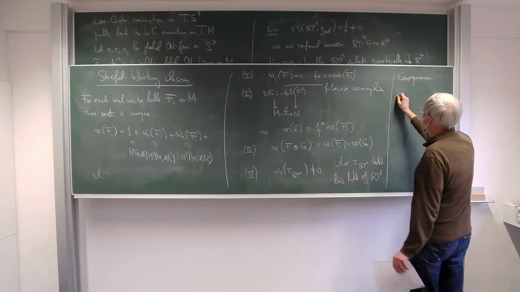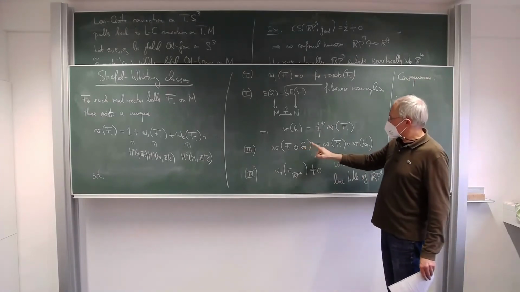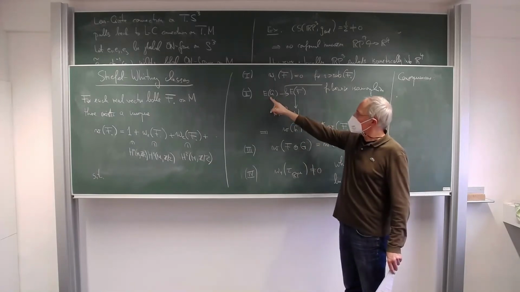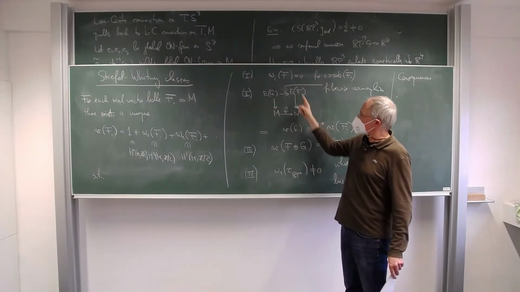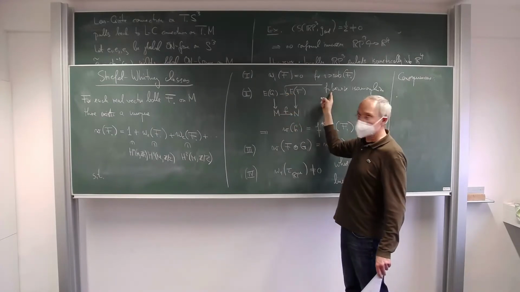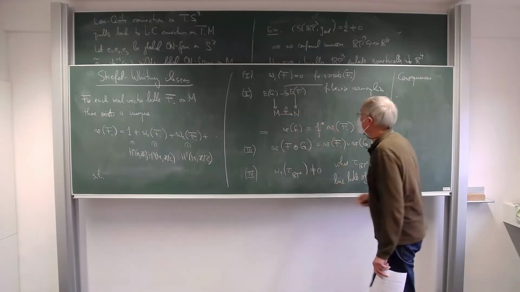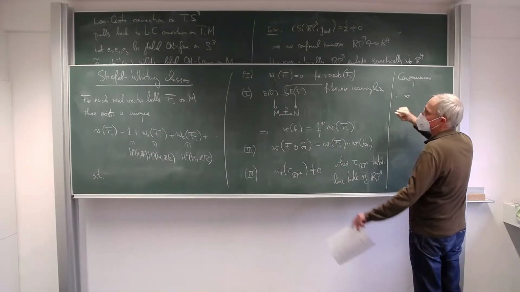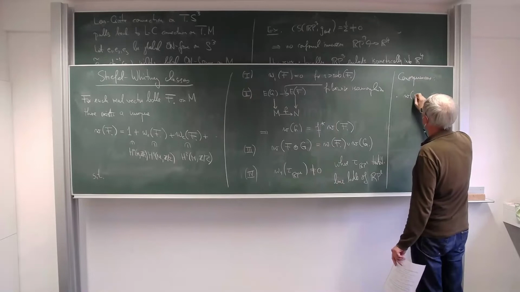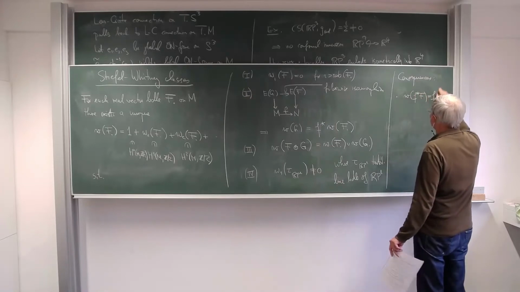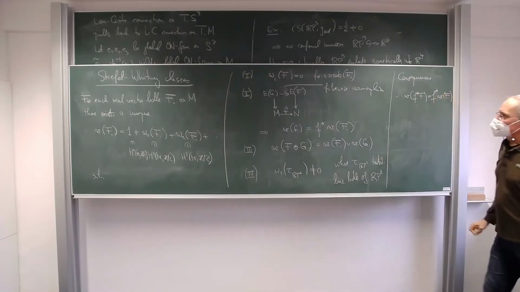So first of all, I can look at the special case where this bundle is obtained just by pulling back that bundle. Take the pullback bundle. Then we do have this fiberwise isomorphism, and then the condition applies. So I could write condition 2, in this case, as: the Stiefel-Whitney class of the pullback bundle is the same thing as the pullback of the Stiefel-Whitney class.